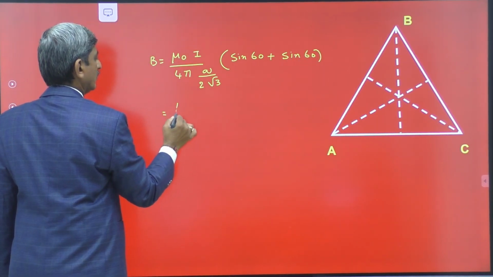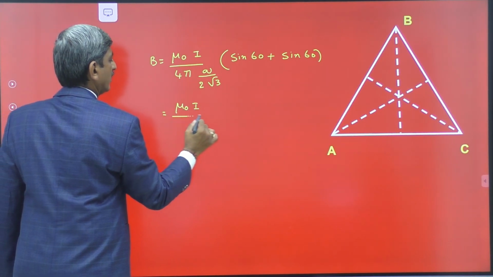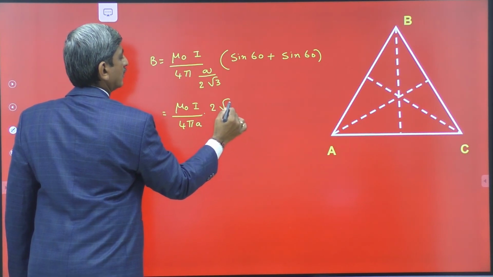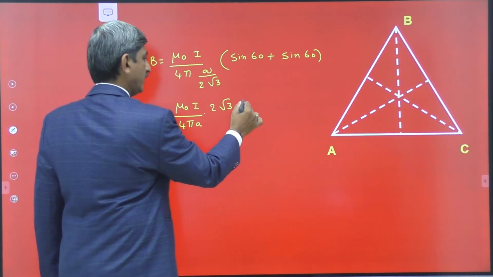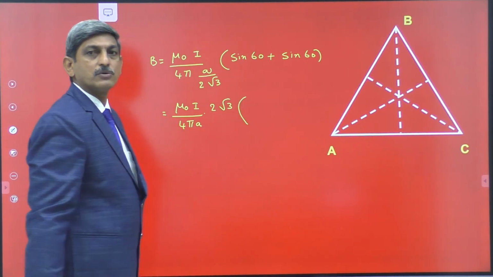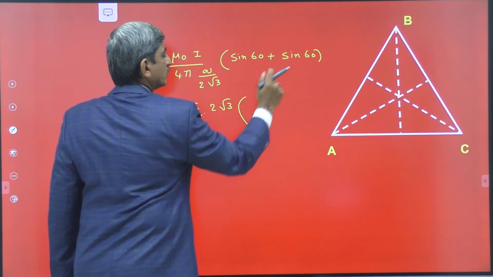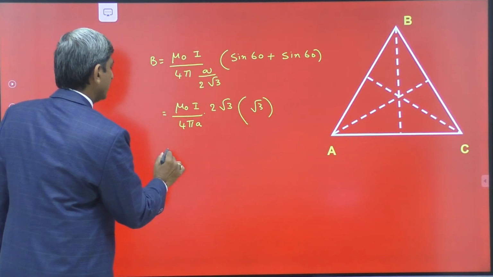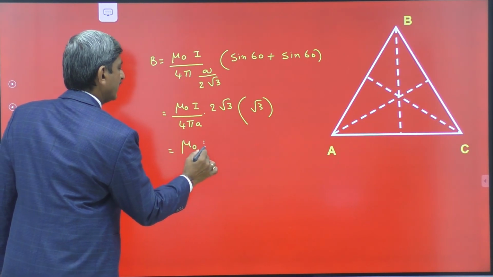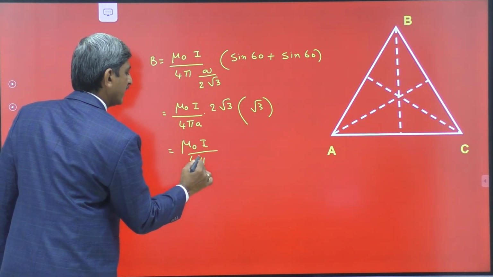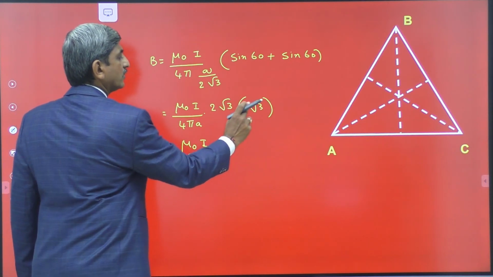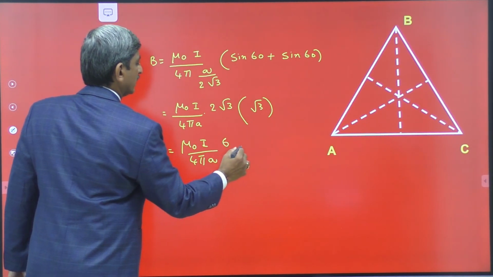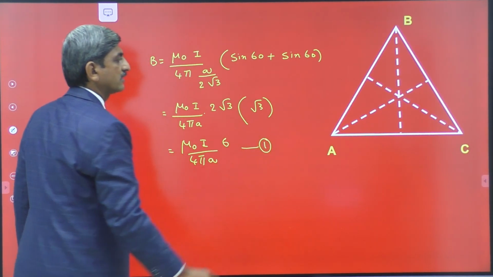This is equal to mu naught I divided by 4 pi A into 2 root 3 into, you know that sin 60 is equal to root 3 by 2. Root 3 by 2 plus root 3 by 2 is equal to root 3. So we can write it as mu naught I divided by 4 pi A into root 3 into root 3 is equal to 3, 3 into 2 is equal to 6. This is equation number 1.